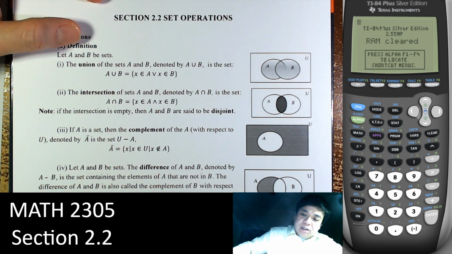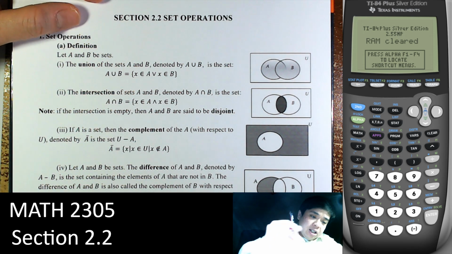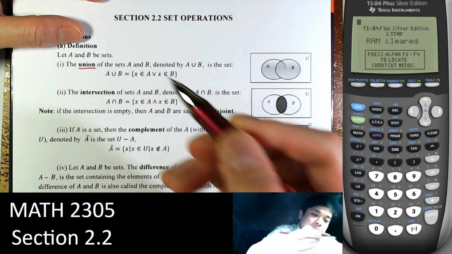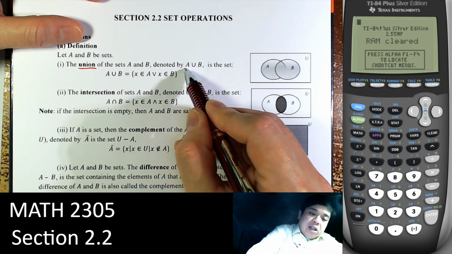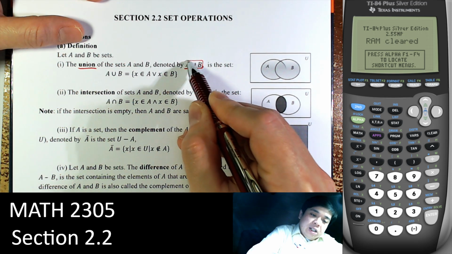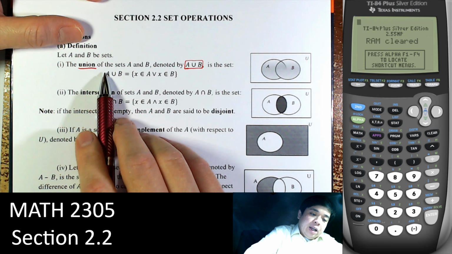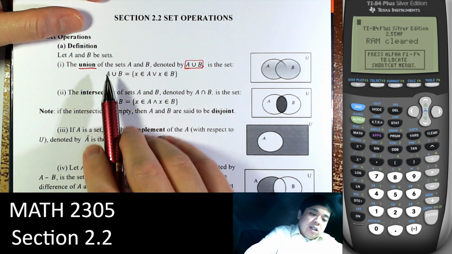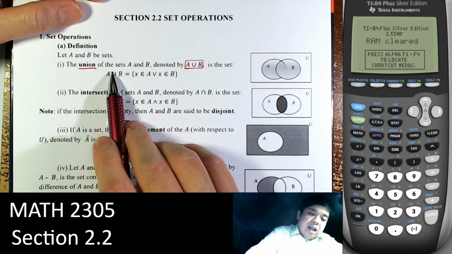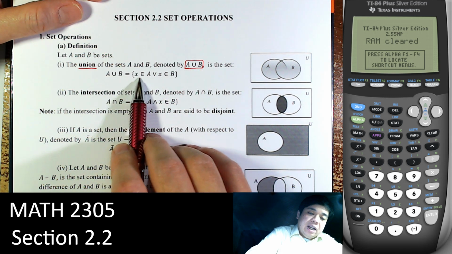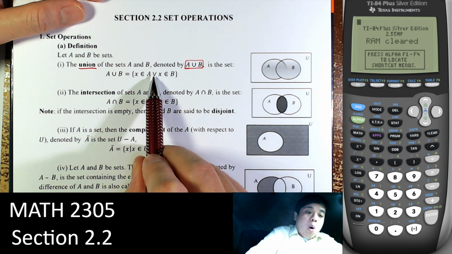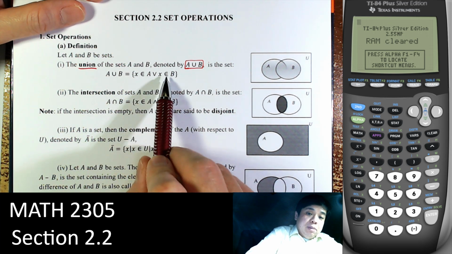So, operations on sets. We have the union, denoted by U. The union of two sets, A union B, is the set of x such that x is in A or x is in B. Again, this is the or, so it could be in A, in B, or both.